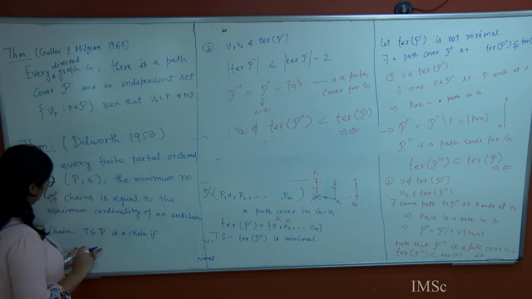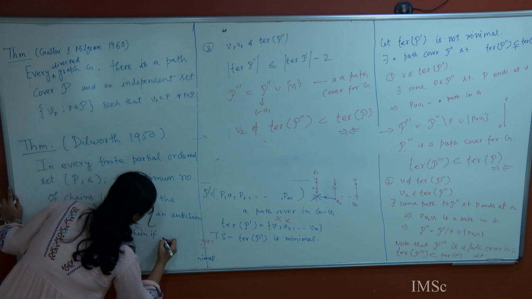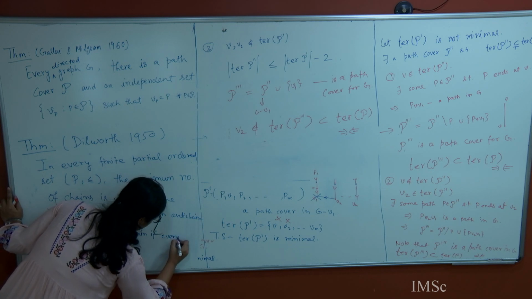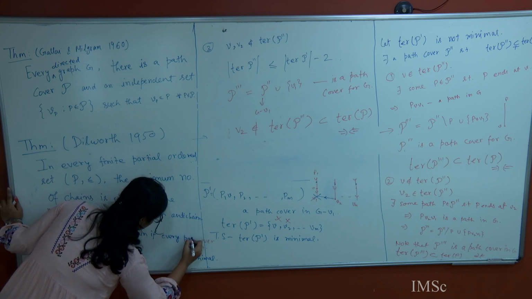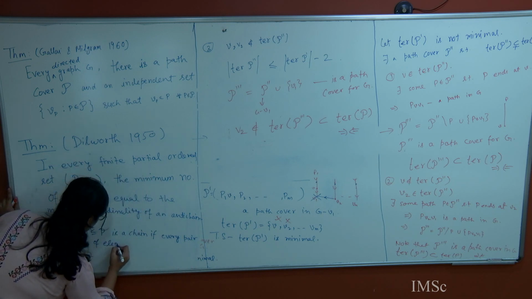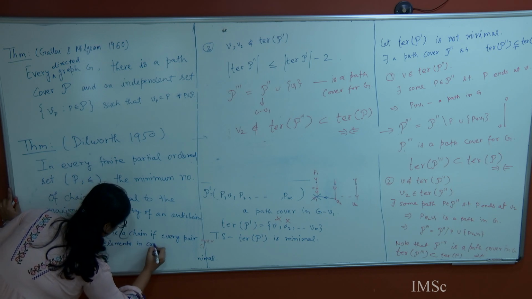We say that T subset of P is a chain if every pair of elements is comparable.